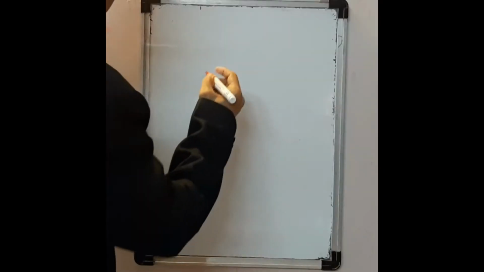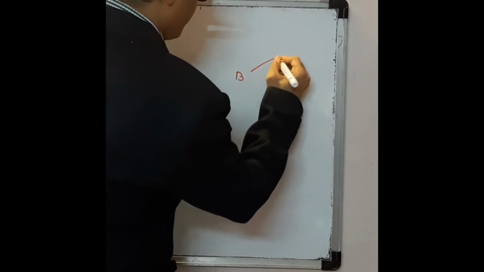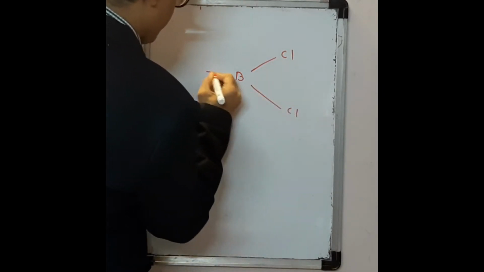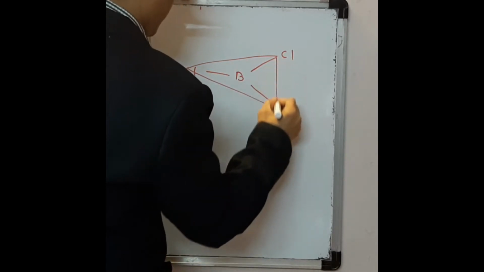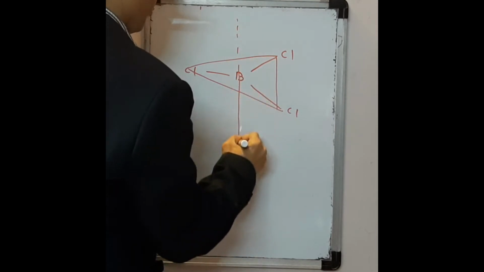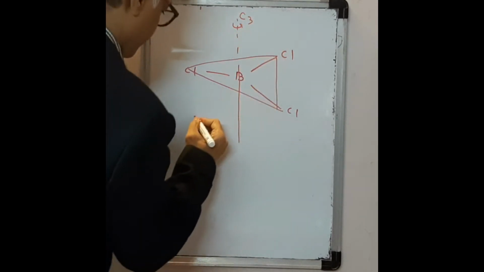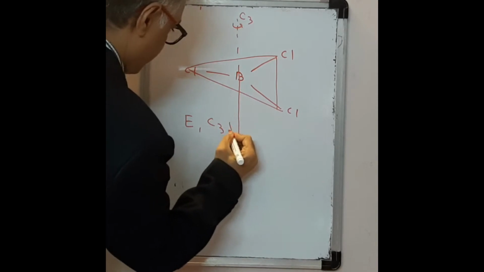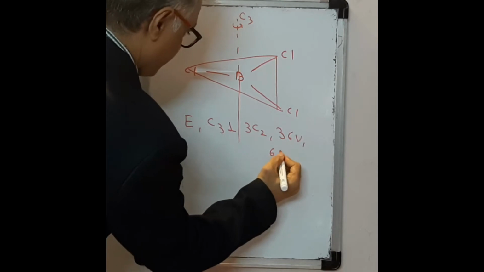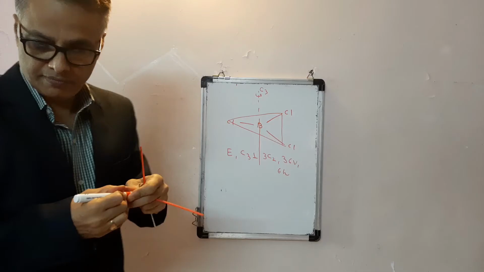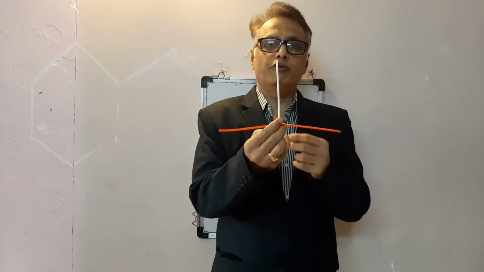Now let us find out the point group of BCl3.